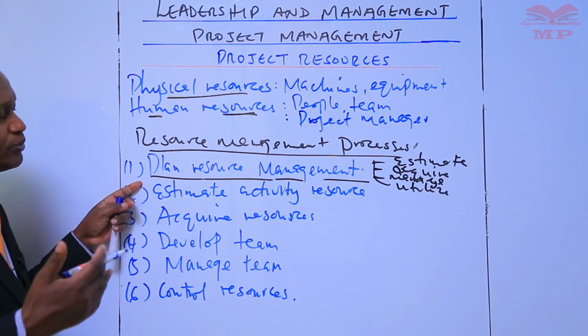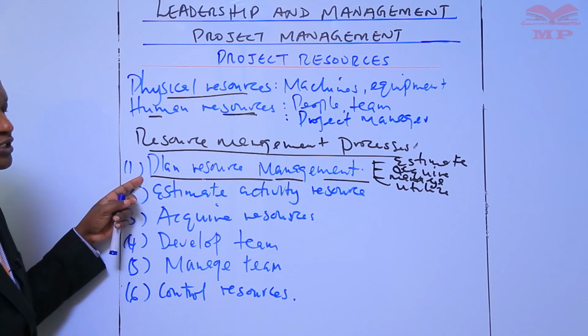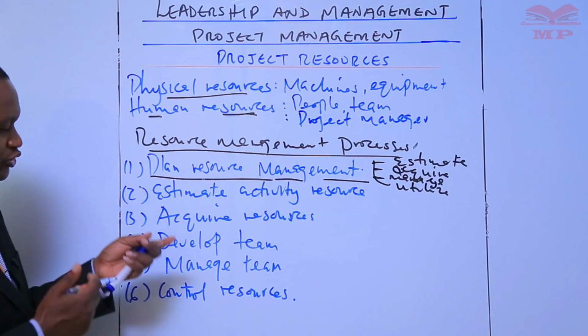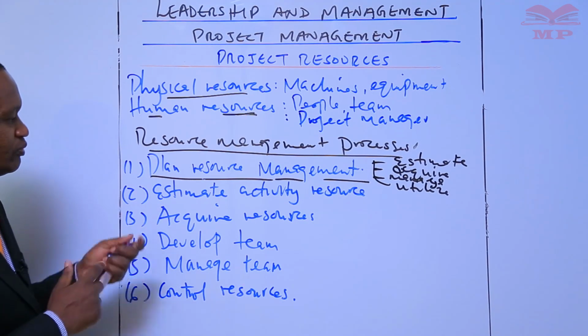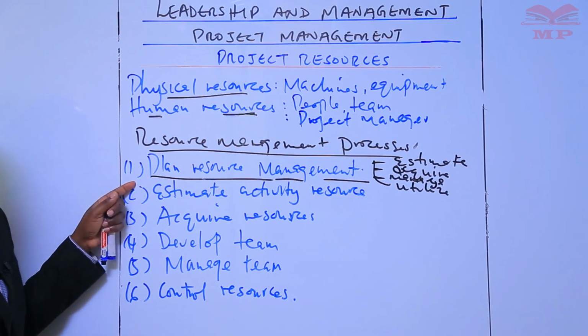So before a project is undertaken, there has to be a plan on resource management. Where will the resources be obtained from? What is the availability of these physical resources? How will be the availability of human resources? So effective planning should consider and plan for the availability of the scarce resources.